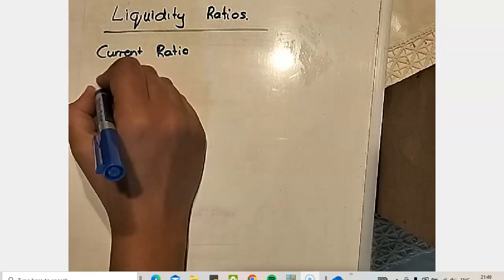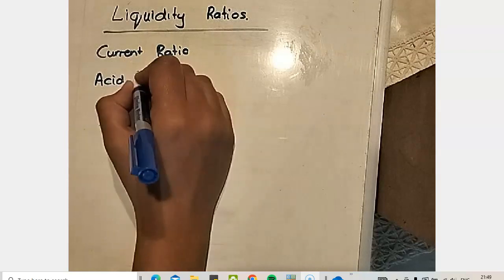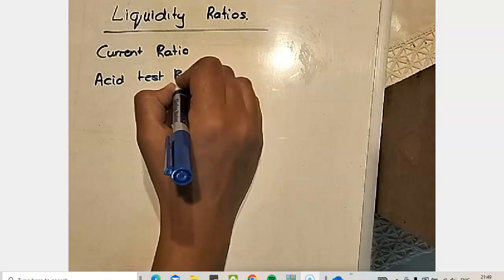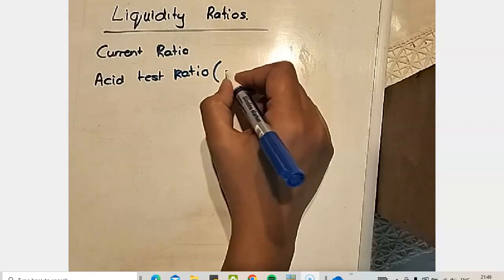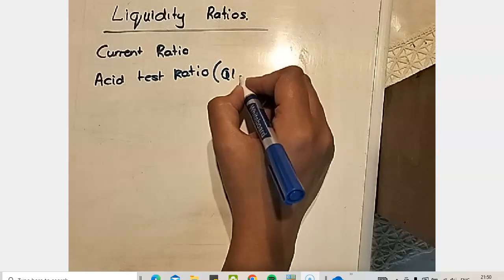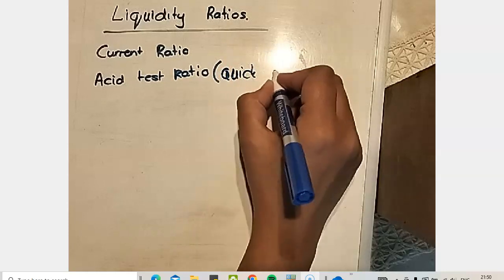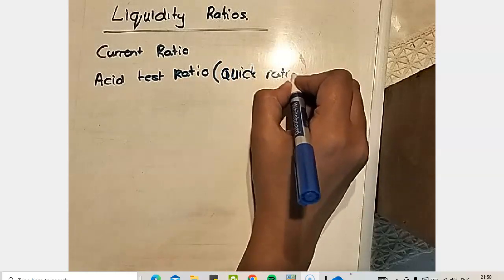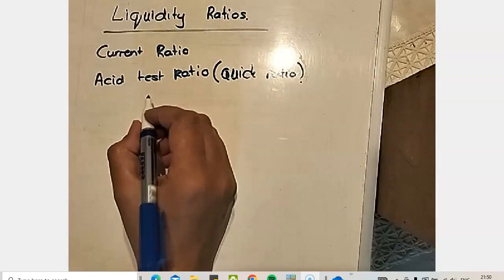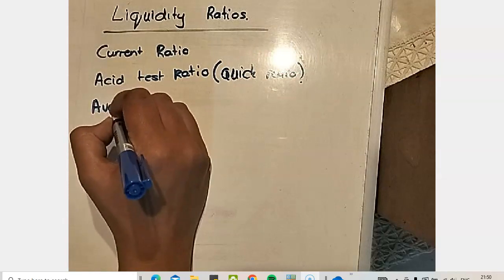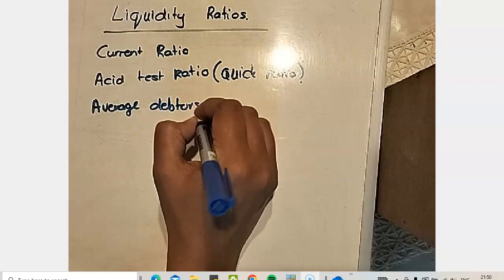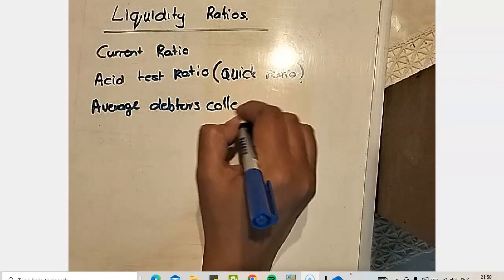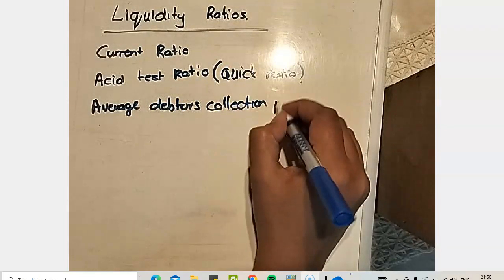It consists of your asset test ratio, that can also be named as the quick ratio. Then you've got your average debtors collection period.